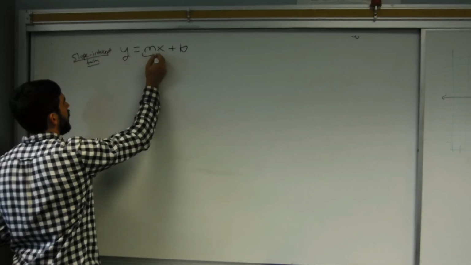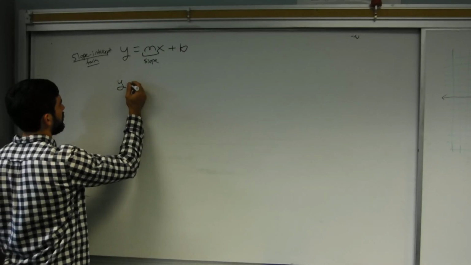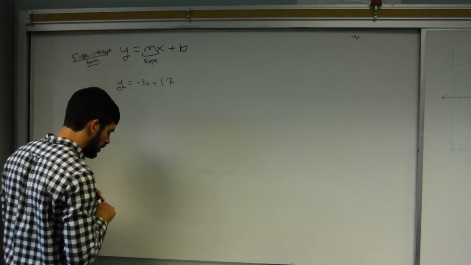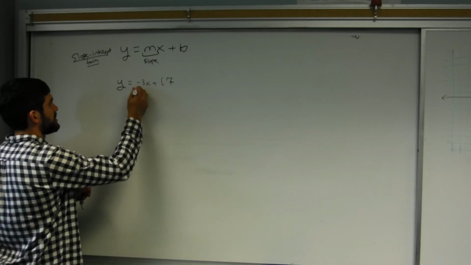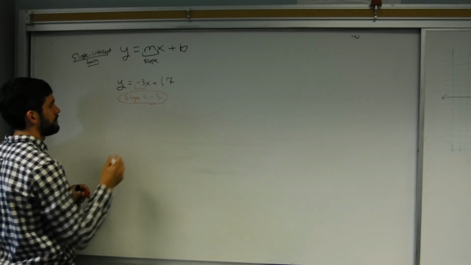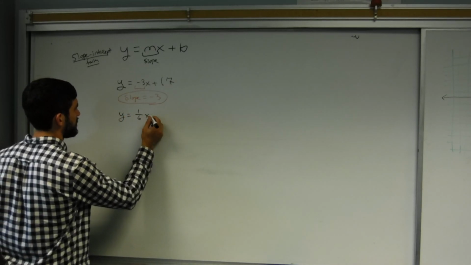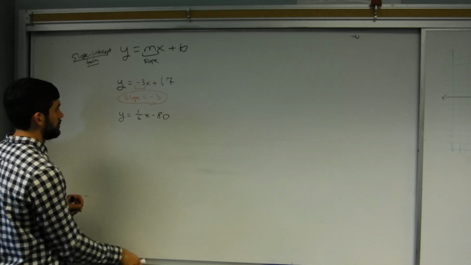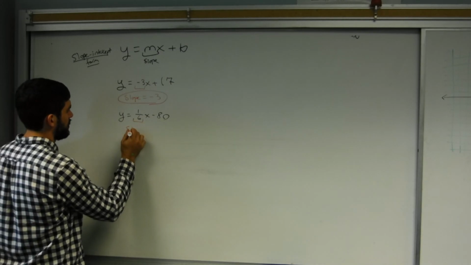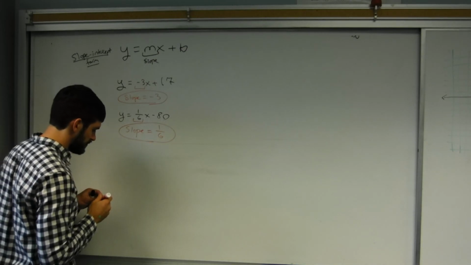And m is always going to be our slope. So if our function is already in this form, all we have to do is look at this number and we can say, okay, our slope is negative 3. Similarly, if we have y is equal to 1/6 x minus 80, we just look at the number that x is being multiplied by, and say, okay, slope is equal to 1/6.